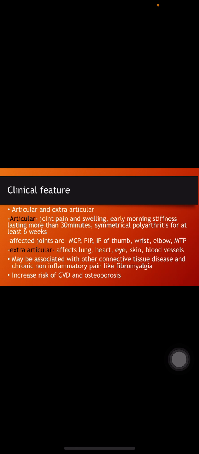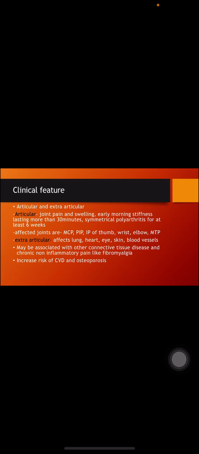Some patients with rheumatoid arthritis are also associated with other connective tissue diseases like fibromyalgia, polymyalgia rheumatica. What is important in rheumatoid arthritis? At the same time, the patient has increased risk of cardiovascular death and osteoporosis. So it is very important for us to screen them yearly.